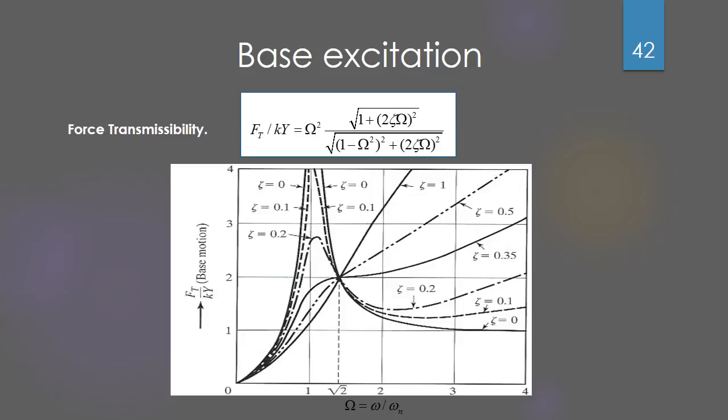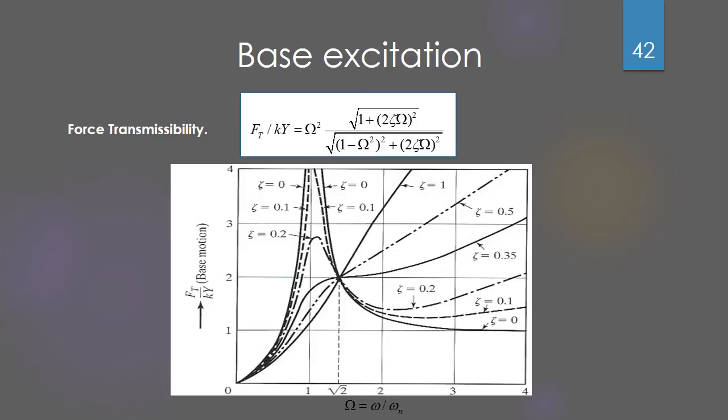Force transmissibility is the ratio between the force transmitted to the base and the equivalent spring coefficient multiplied by the displacement of the base. It can be obtained by the following equation.